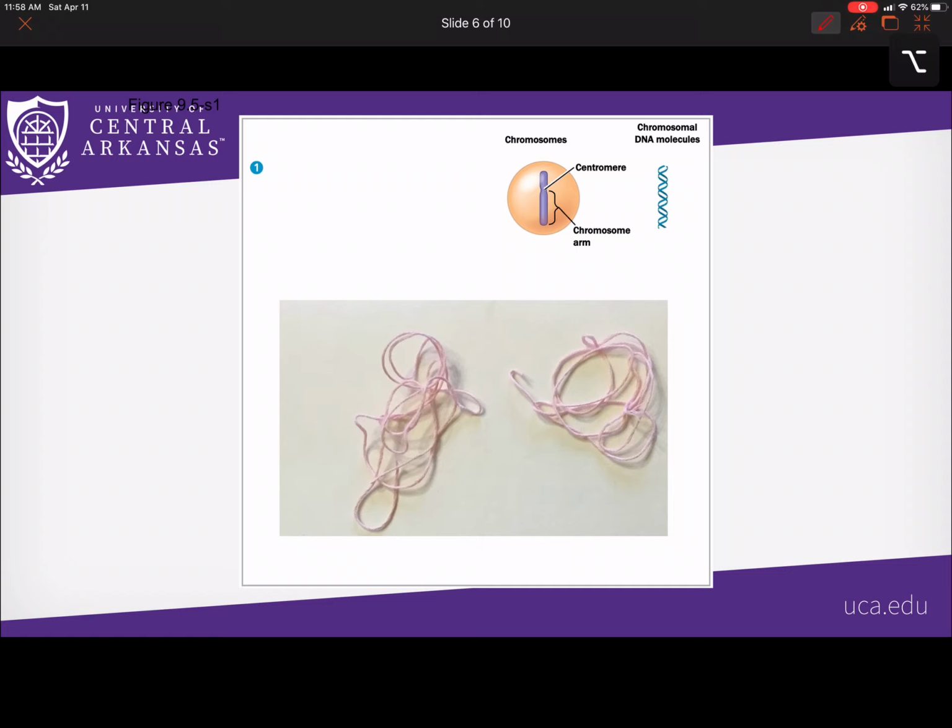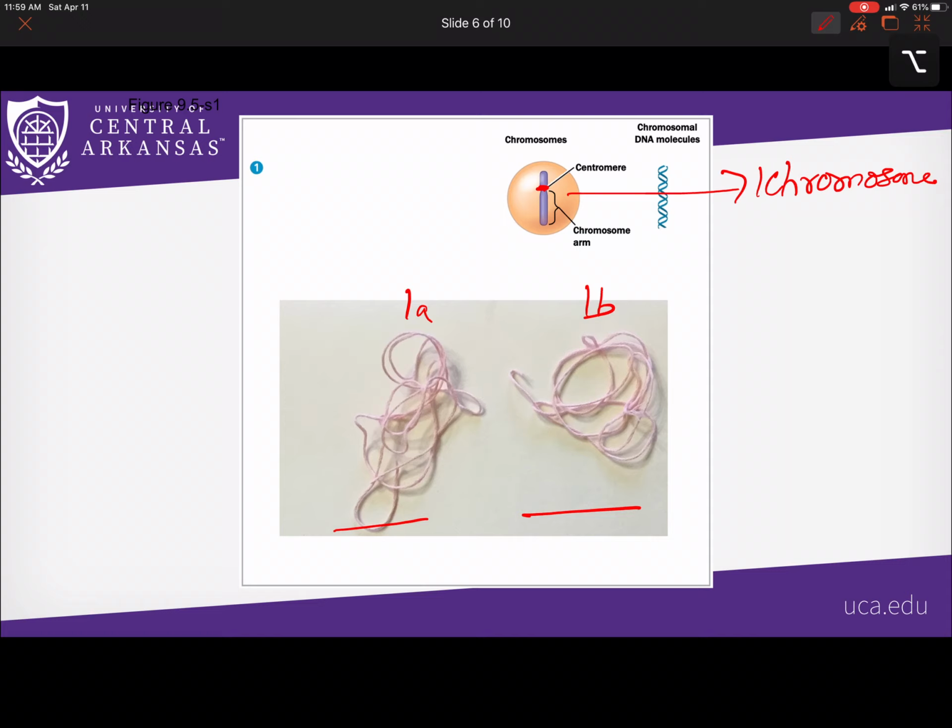Now this one shows only one chromosome, but since we are diploid, I showed the pair of chromosomes, and this is 1A, 1B. So it's the same chromosome but two copies of it, and here it shows only one copy. Now if a DNA at this point condenses, it will have a center called a centromere and the arms.